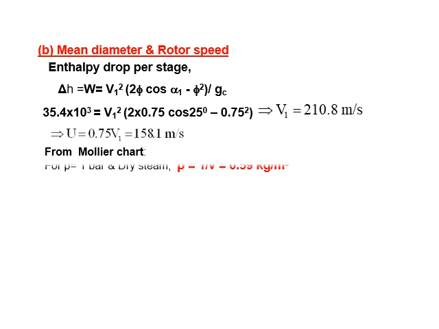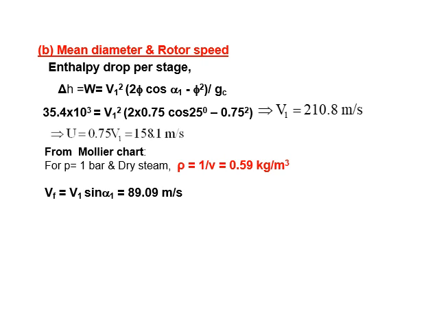From the Mollier chart, for the second case, the pressure is 1 bar and it is dry steam. With respect to that, the density is 1 by specific volume, equal to 0.59 kg per meter cube.